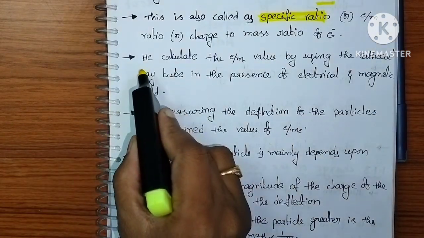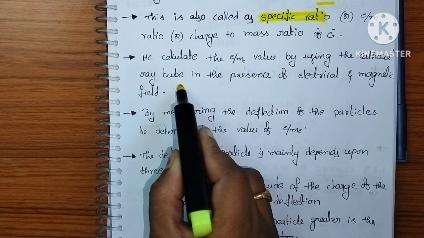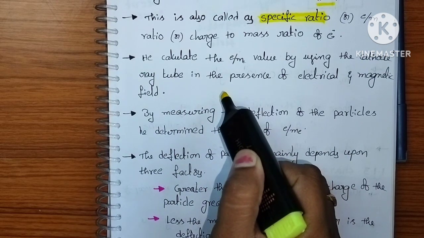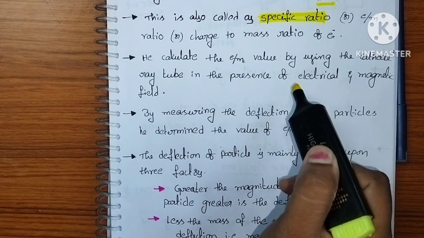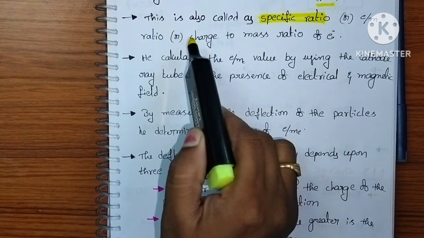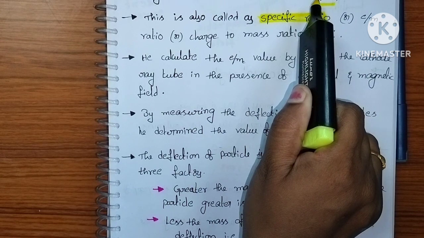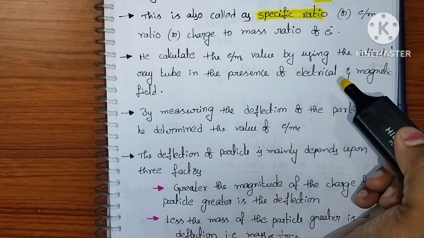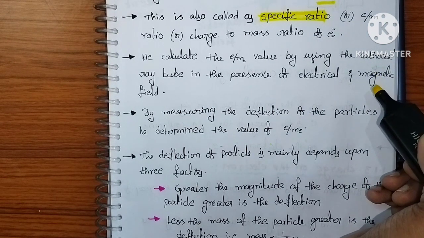He calculated the e by m value by using the cathode ray tube in the presence of electric and magnetic field. In the discovery of electron, he only used the cathode ray tube, but for the measurement of the e by m ratio, he used this cathode ray tube in the presence of electric and magnetic field. This is the only difference.